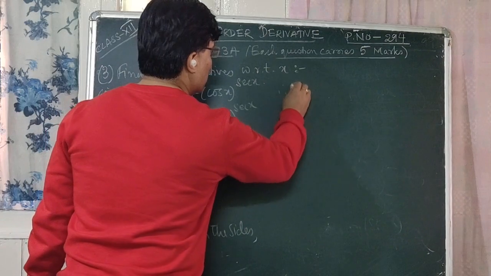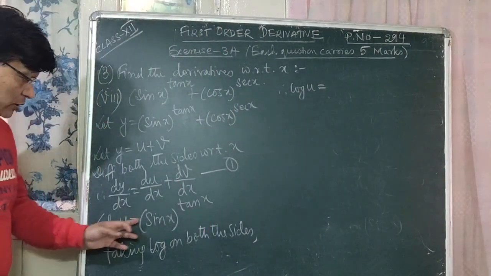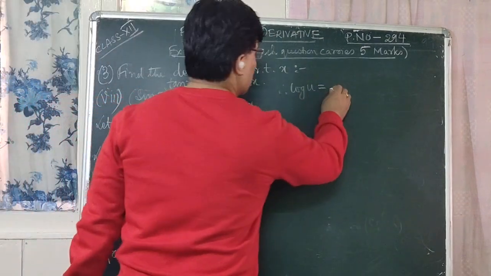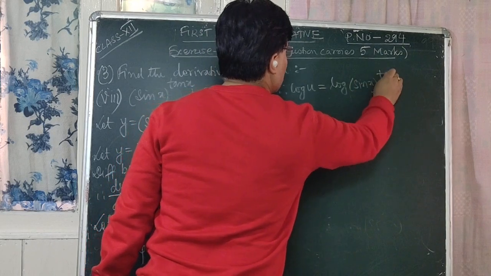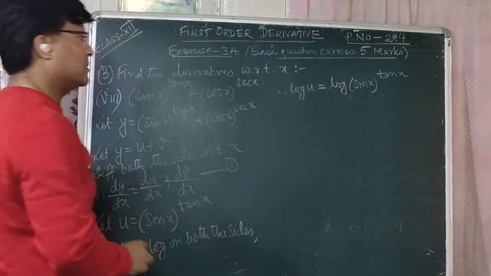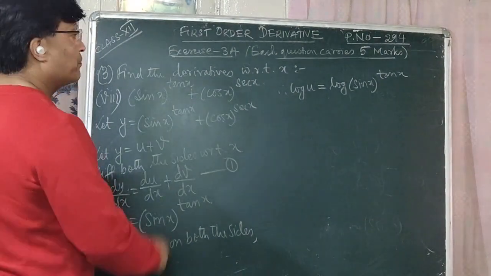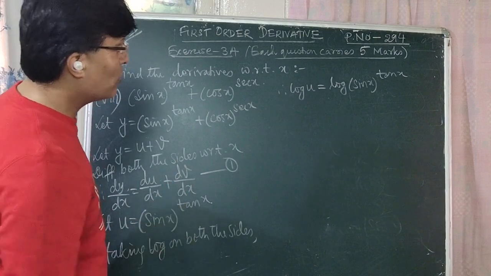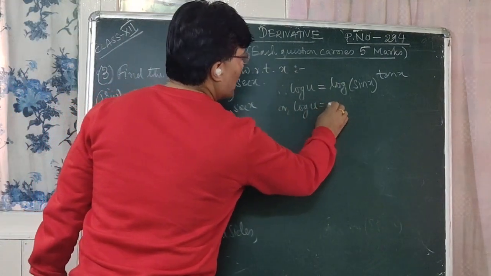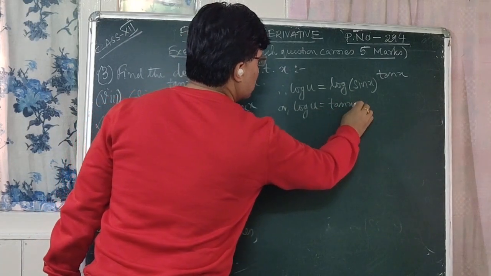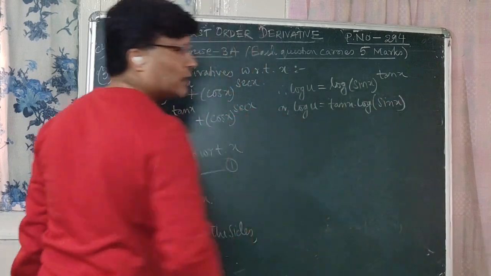Log u is equal to log of sin x whole to the power tan x. Is that clear? Now on the right hand side the power becomes the coefficient, so log u is equal to tan x into log of sin x, right?